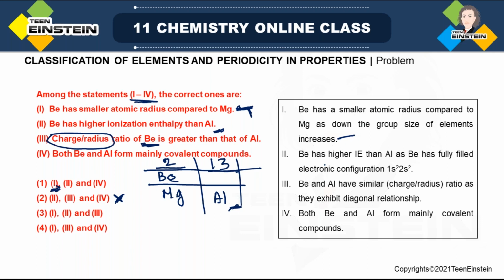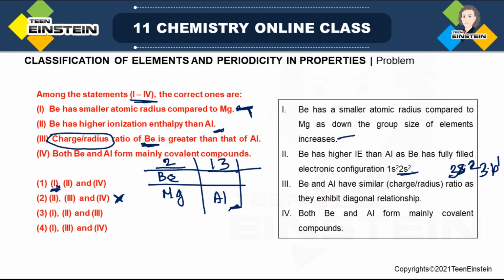So it is fine. And Be has higher ionization enthalpy than aluminium. Now, according to diagonal relationship, it seems it should be the same. But what happens because of the electronic configuration of beryllium? See, it is like this: 1s2, 2s2. But if you consider aluminium, the outermost electronic configuration is 3s2, 3p1.